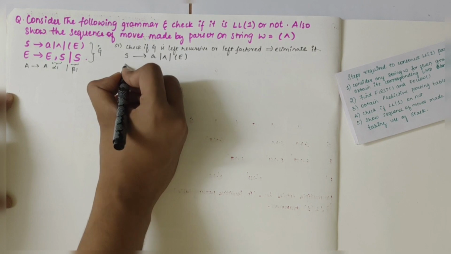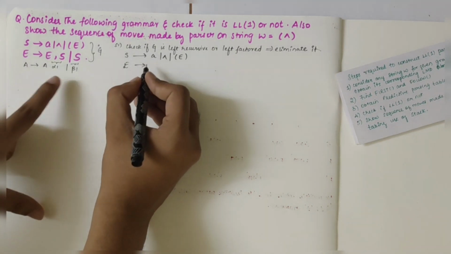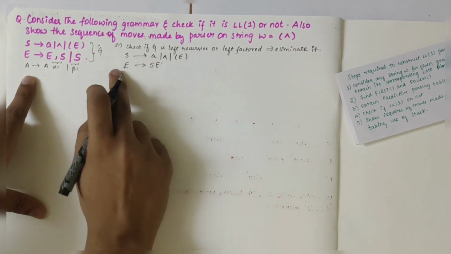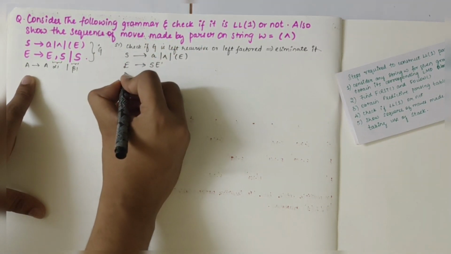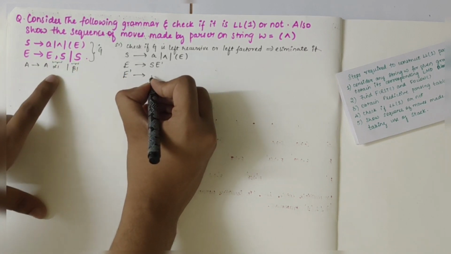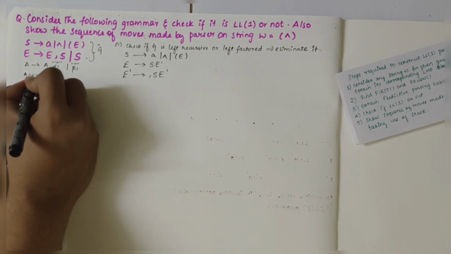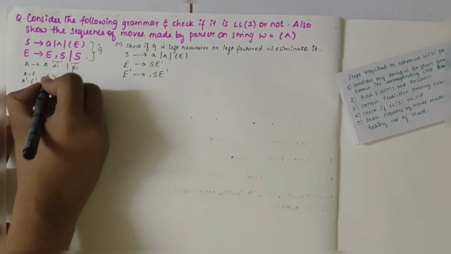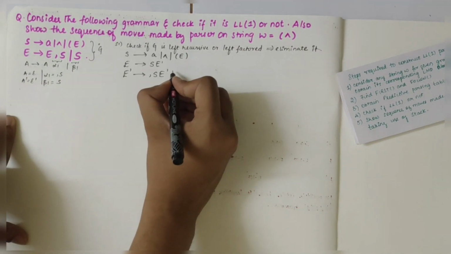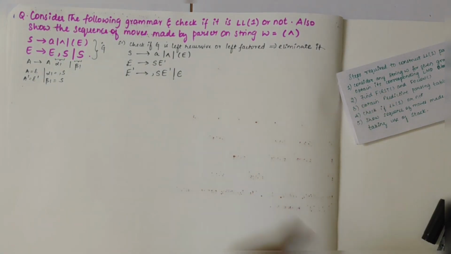So we can write E derives beta 1, that is S E dash, which we obtained from the second equation, and along with that we would get E dash derives alpha 1, that is comma S E dash. So A is E here, E dash is E dash here, alpha 1 is comma S and beta 1 is S. Followed by that we would have epsilon, that is in the third equation.